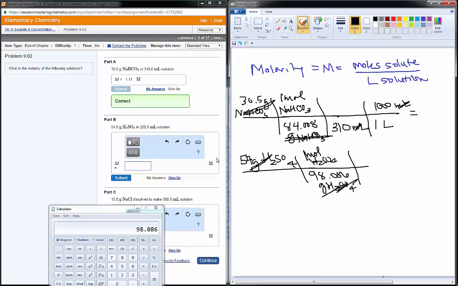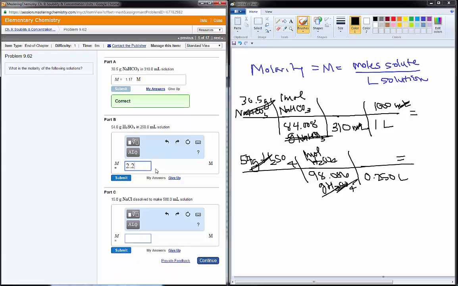Grams cancel. And then we're in 250 milliliters of solution. If you can eyeball that and appropriately designate that as 0.250 liters, you could do that. If not, you can take it stepwise like this. But that gets me moles per liter, and I can plug this in: 54 divided by 98.086 divided by 0.250 gives me 2.2 molar.